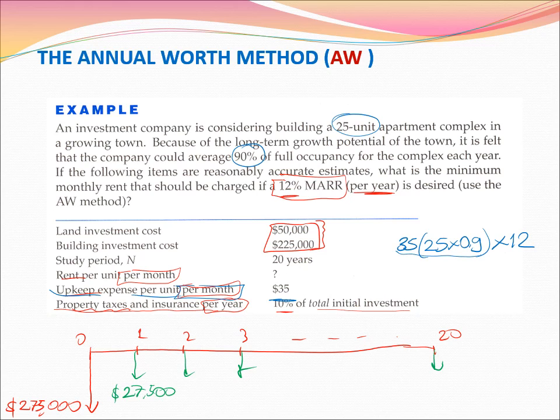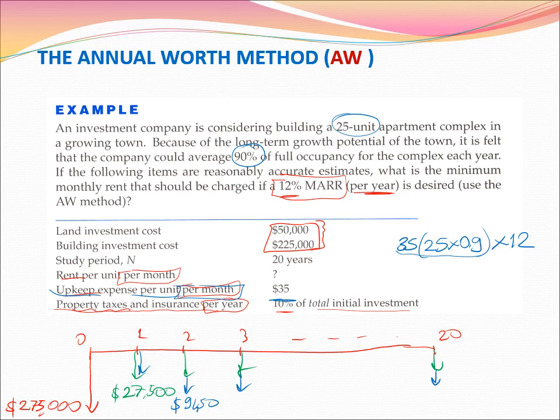I'm going to include it as a blue arrow here. Okay. Actually, you can represent it in this way. So in addition to these green ones, we have these blue ones, and those are $9,450. These are upkeep expenses.